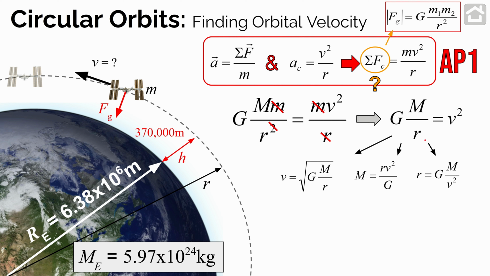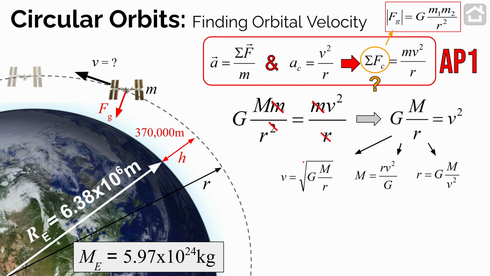Or we could solve this for the orbital radius. Like, what's the orbital radius that you need around a planet with mass m moving at some speed v? And so once we get this equation, we can solve all sorts of different physics problems about circular orbits. Well, coming back to the problem we're solving, we're trying to figure out the needed orbital velocity of the space station.